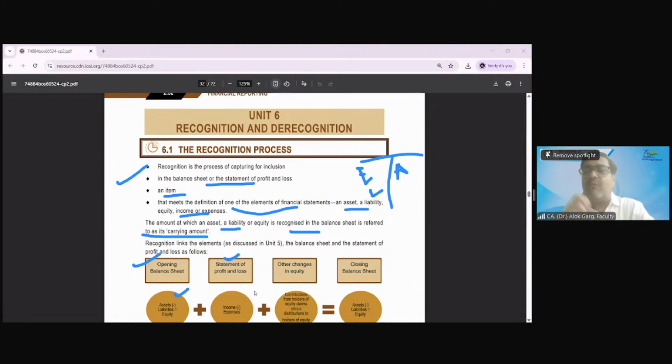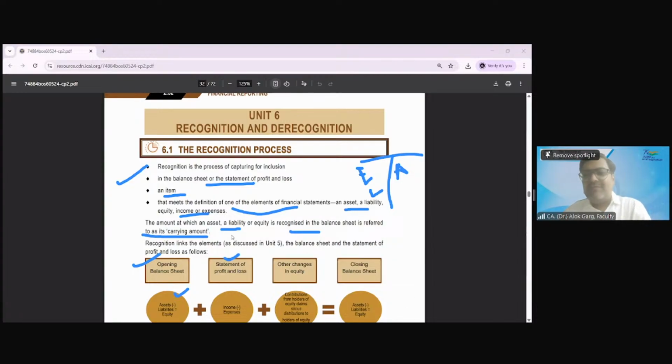So for example, 400 rupees was the opening equity. 100 rupees was the profit during the year. 400 plus 100. And 200 rupees of equity shares were issued during the year. So 400 plus 100 plus 200. What is your closing equity? 700. 700 is your closing equity, right?